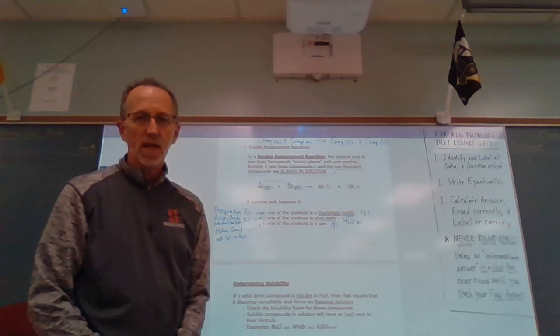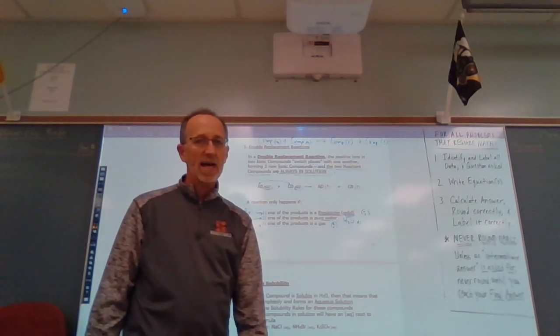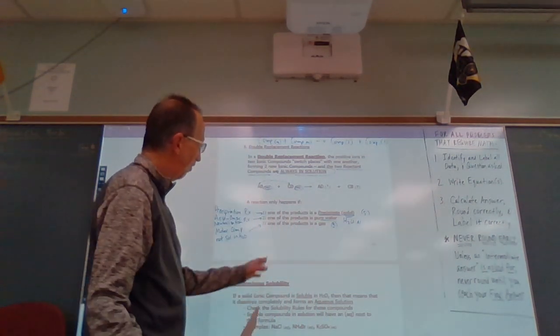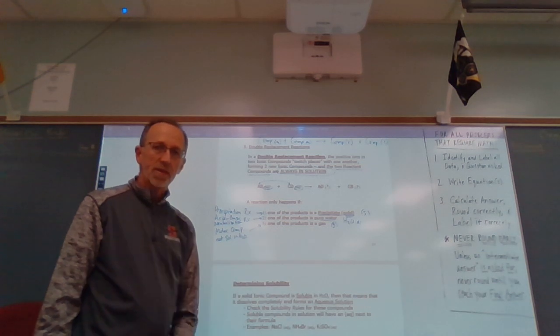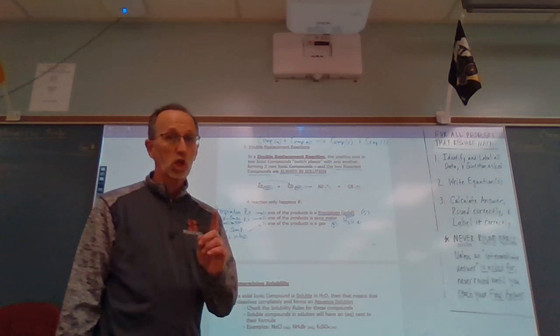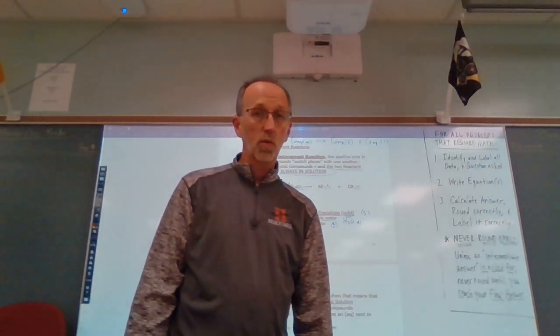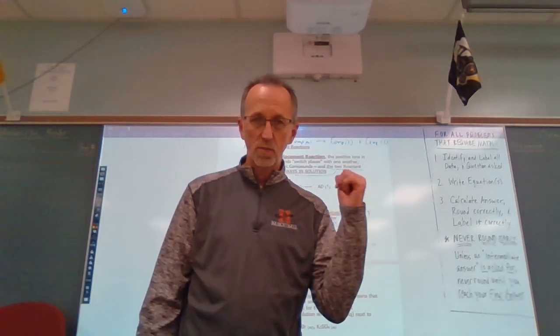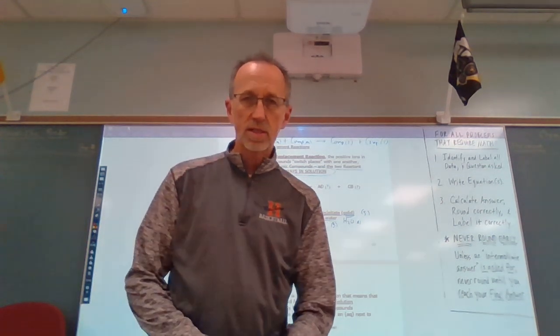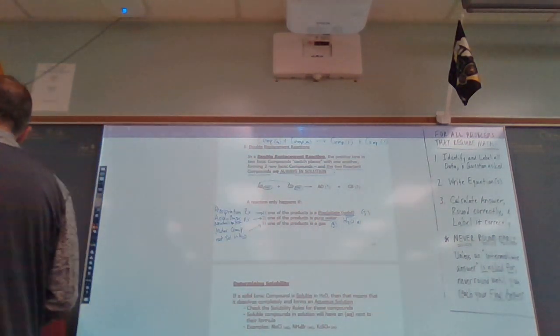If one of these products is a gas, that means it's going to be a compound that's not soluble in water. So if one of these three things does not happen, then our double replacement reaction is a no reaction. Got to be one of those three in order to have a reaction occur. All right. So let's go on to the next page. We're going to look at solubility.